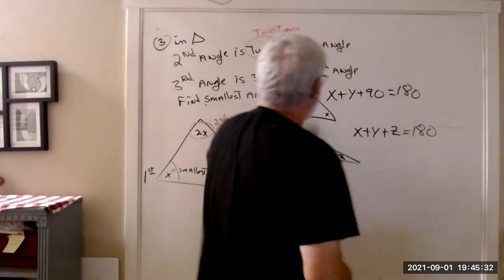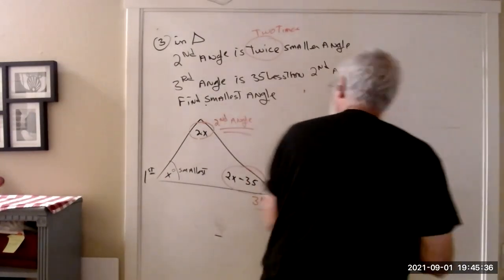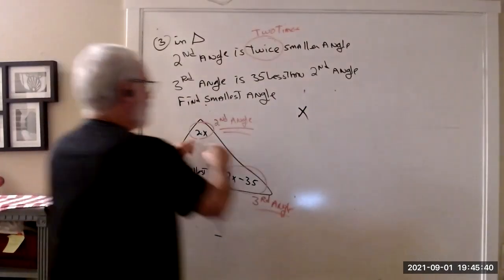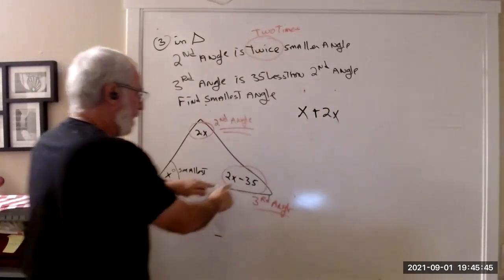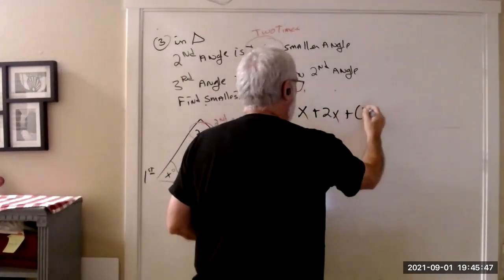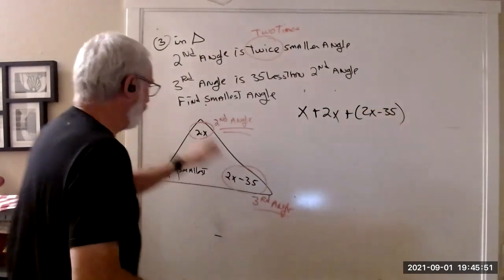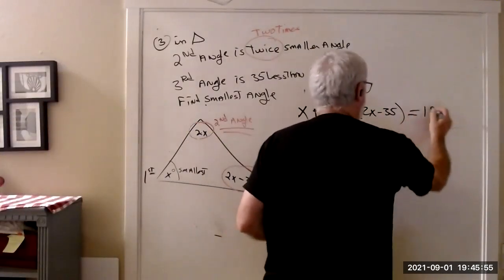So in our problem, the 3 angles are X, that was the first one, plus 2X, that was the second one, plus 2X minus 35, that was the third angle. Those are the three different angles, and they always have to equal 180.